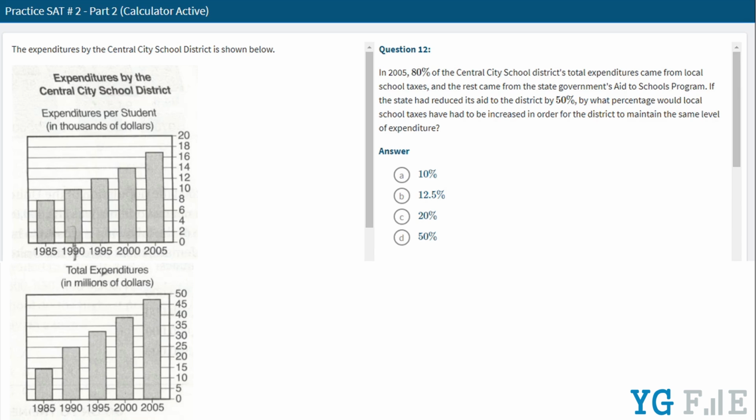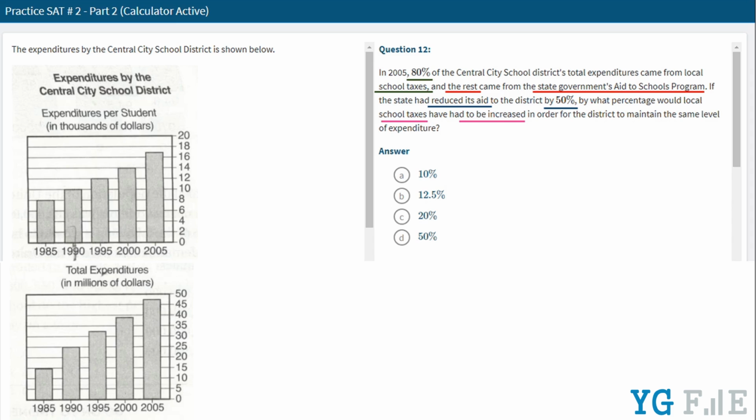In 2005, 80% of the Central City School District's total expenditures came from local school taxes, and the rest came from the state government's aid to school program. If the state had reduced its aid to the district by 50%, by what percentage would local school taxes have had to be increased in order for the district to maintain the same level of expenditure?